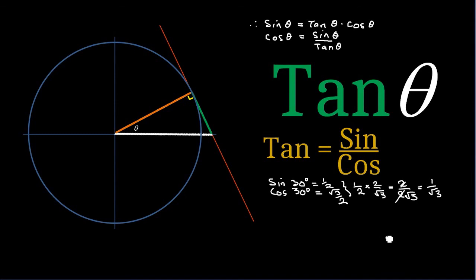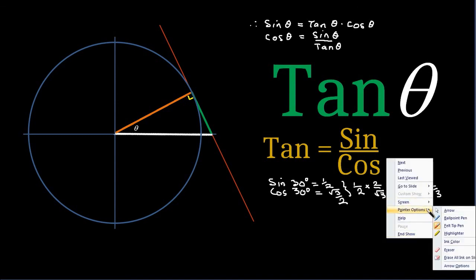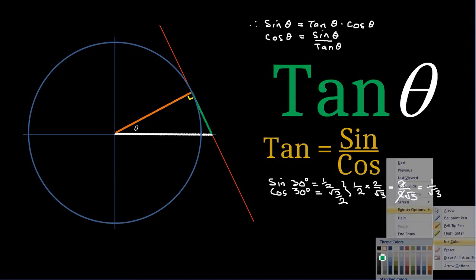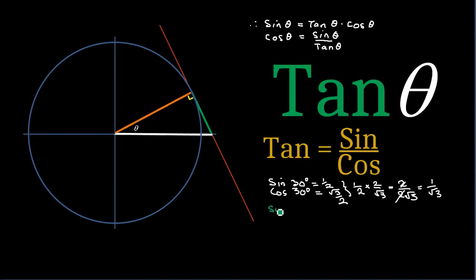Let's try the same thing then with 45 degrees. So does it work for all angles? Let's use a different colour. Okay, so the sine of 45 degrees this time. Well, the sine of 45 degrees is 1 over root 2, and we saw that that's usually written root 2 over 2. And the cosine of 45 degrees is also root 2 over 2.